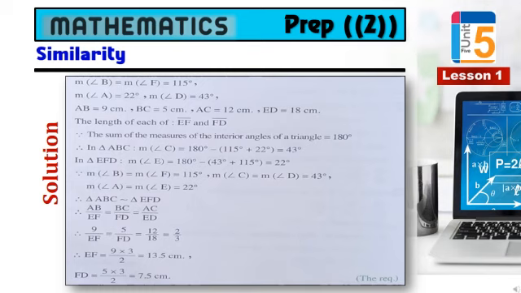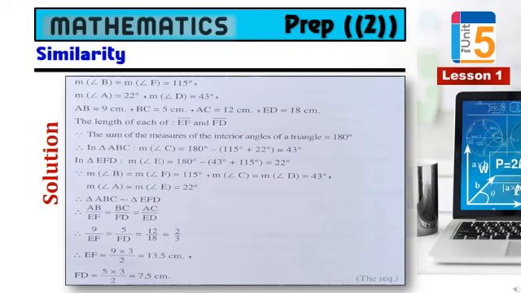Then we deduce that the measure of angle B equals the measure of angle F equals 115 degrees, the measure of angle C equals the measure of angle D equals 43 degrees, and the measure of A equals the measure of E equals 22 degrees. Then the triangle ABC is similar to the triangle EFD.